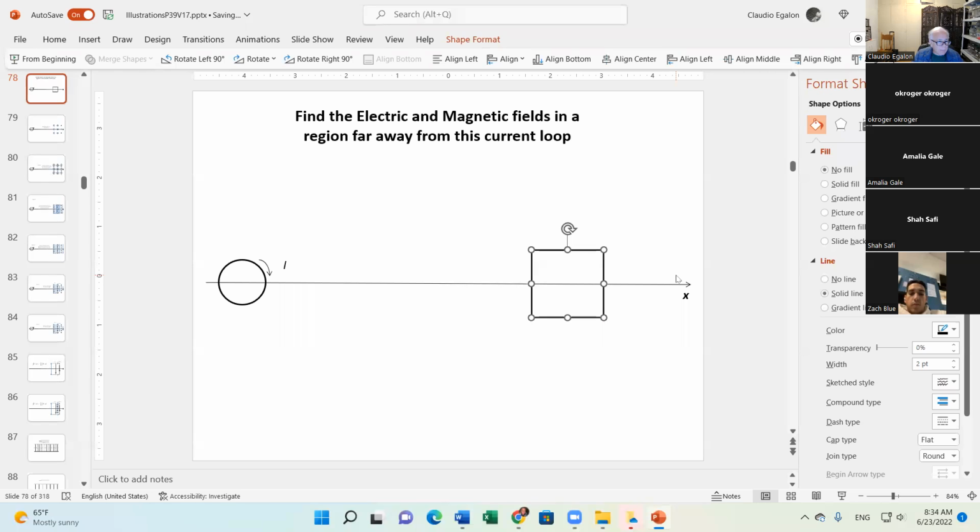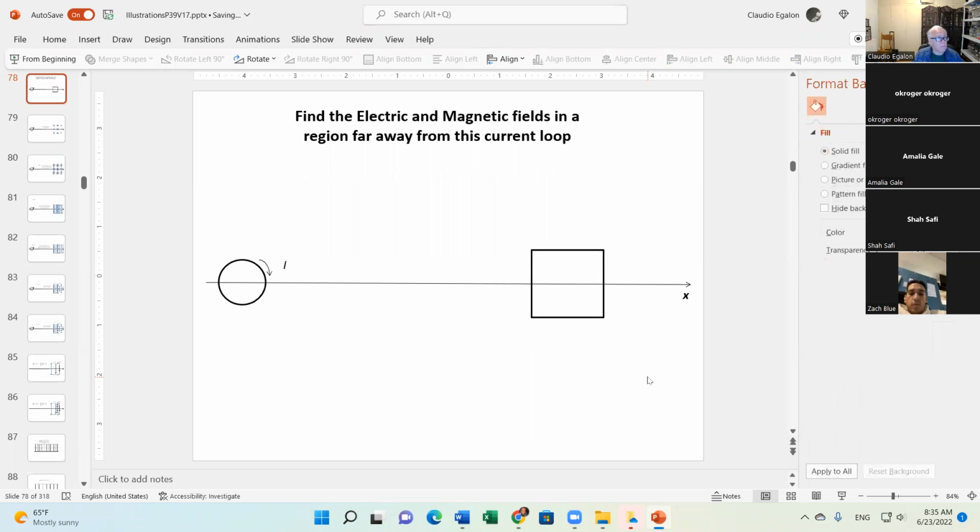Just keep in mind that when I do those drawings, they are not to scale, okay? They are not to scale. In a way, they are an exaggeration, but sometimes we have to exaggerate for better visualization. Okay, so here you go.